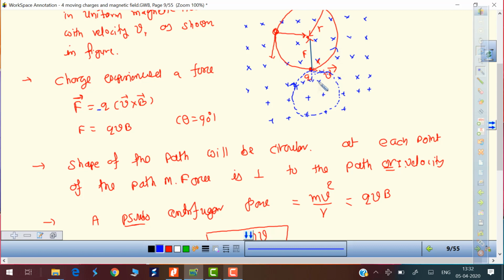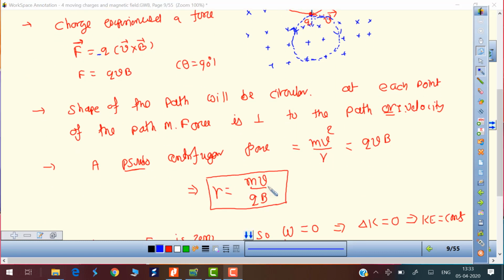This is anti-clockwise and this is clockwise. So that is the only difference. A positive charge moves anti-clockwise, and a negative charge moves clockwise. If the magnitude of charge is the same, mass is also the same, velocity the same, and of course magnetic field, then the radius for both particles will be the same. Only the direction of motion is different.